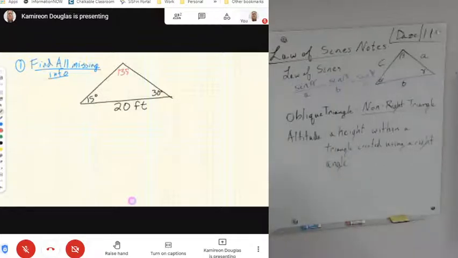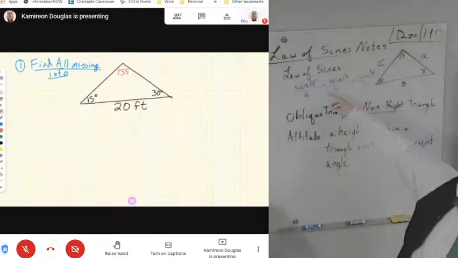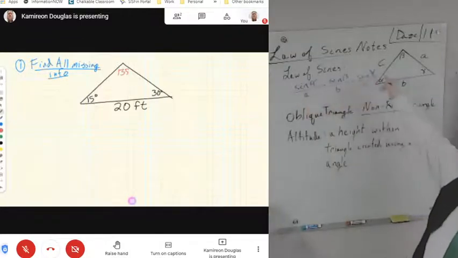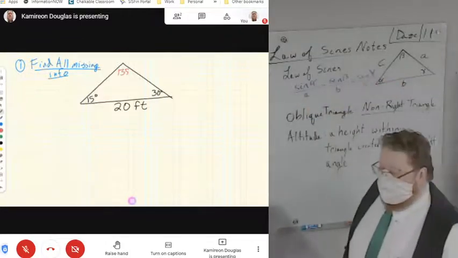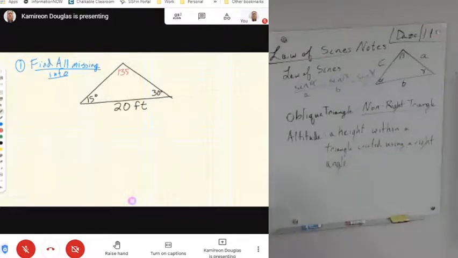This is why this is going to be the easier one, because you can find one right away very easily. There are two missing sides. I'm going to find them using the law of sines. The law of sines sets up three unique fractions: sine of alpha over A, sine of beta over B, sine of gamma over C. You will choose any two of these. Which two?